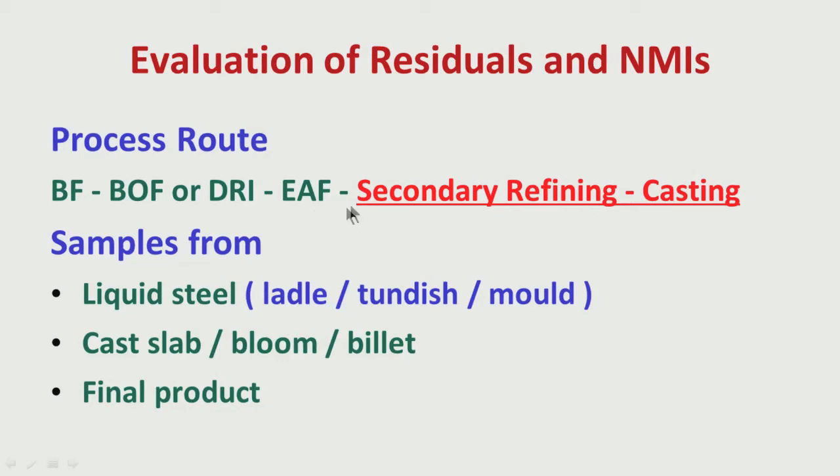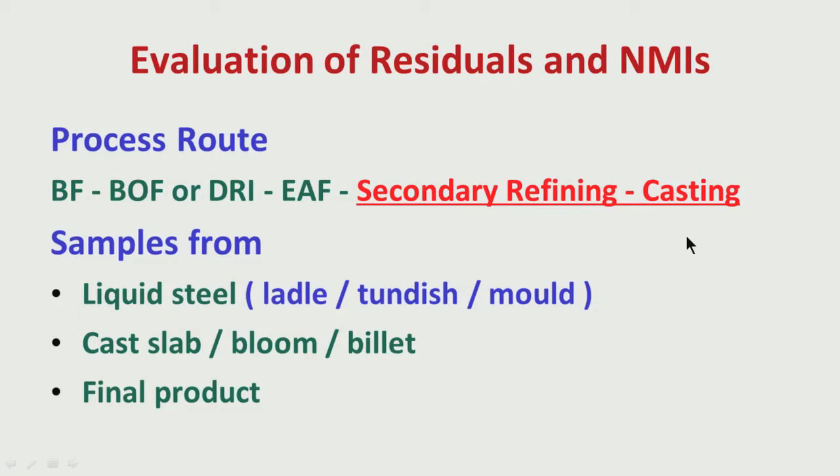Finally, whether we are producing steel by BOF or DRI-EAF, the final processing has to be secondary refining or ladle metallurgy, and of course, the steel has to be finally cast, whether through ingot route or through continuous casting route.